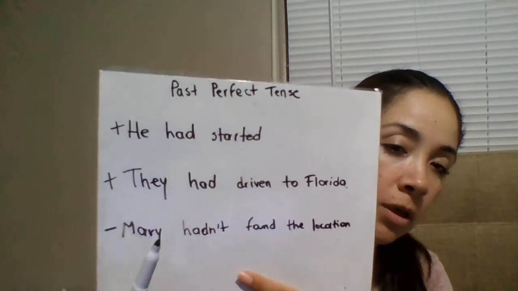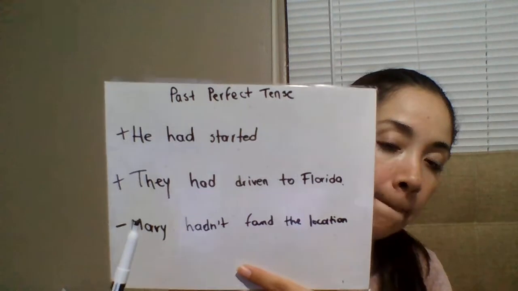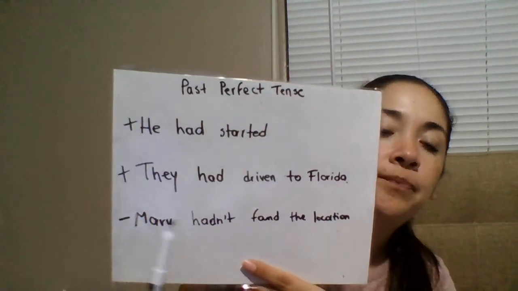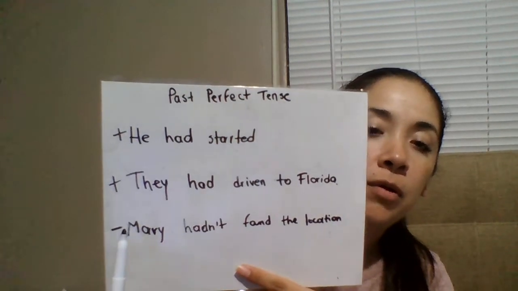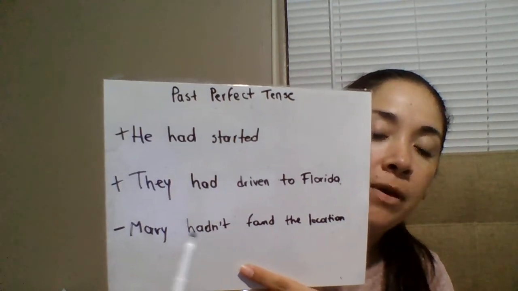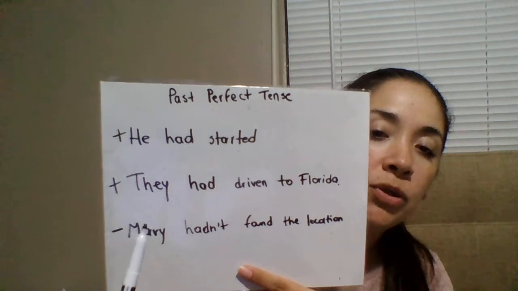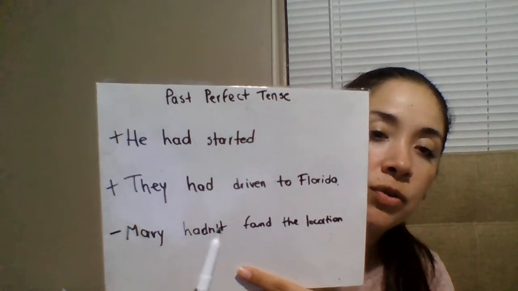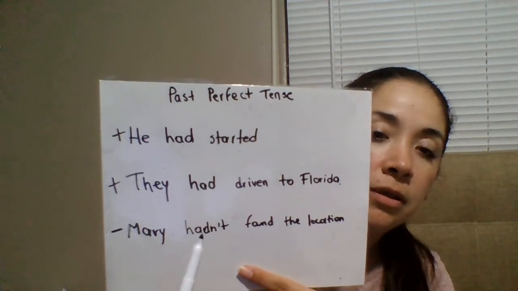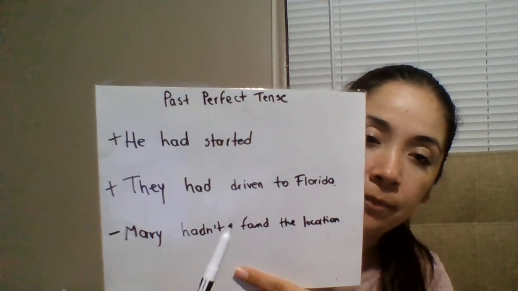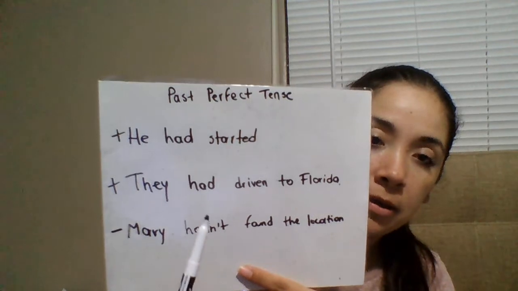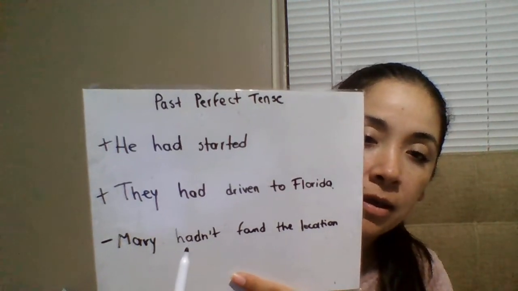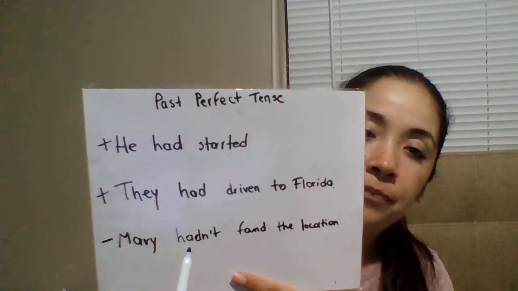Maybe Mary was driving to Florida, but Mary hadn't found the location. Okay? If I'm going to make this negative, I just use the auxiliary in the negative way. Hadn't. Had is positive, hadn't the negative.